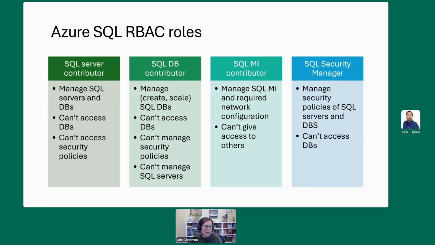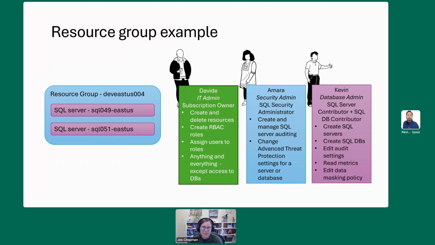So let's look at what that looks like in real life. Let's go from that subscription that had multiple resource groups in it and delve into what one of those resource groups would look like with our same 3 employees that we were talking about earlier.